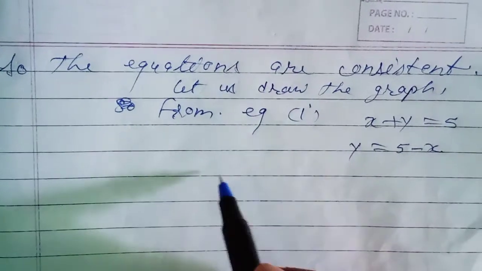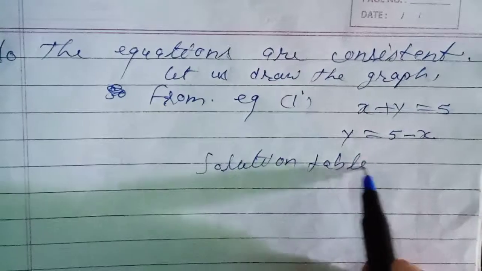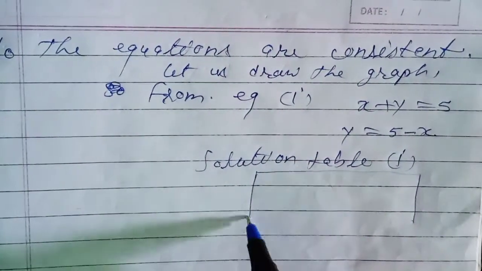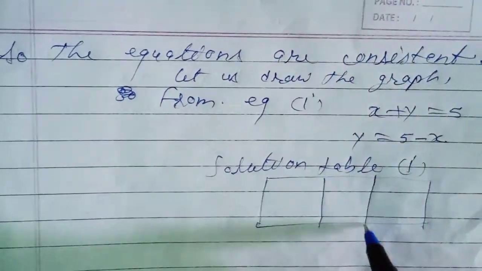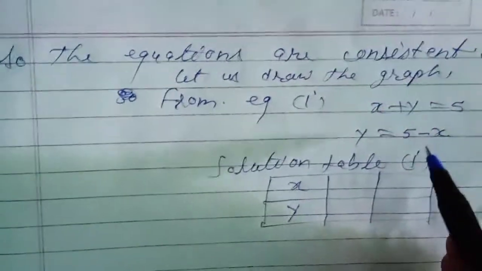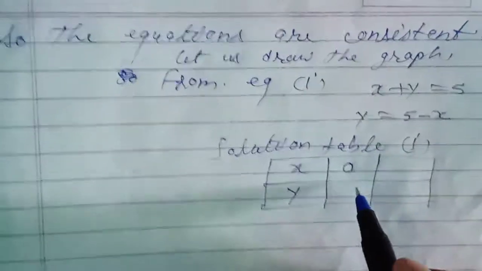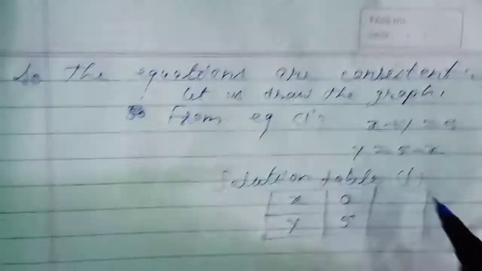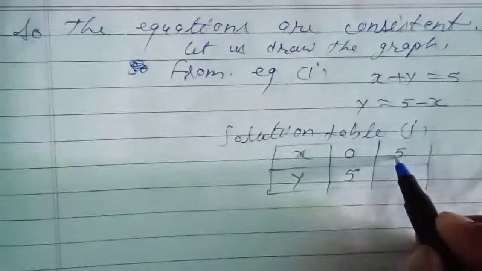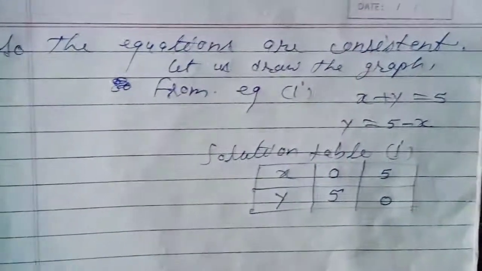So solution table: x, y. If we put x is equal to 0, then y is equal to 5. If x is equal to 5, then y is equal to 0. Okay.